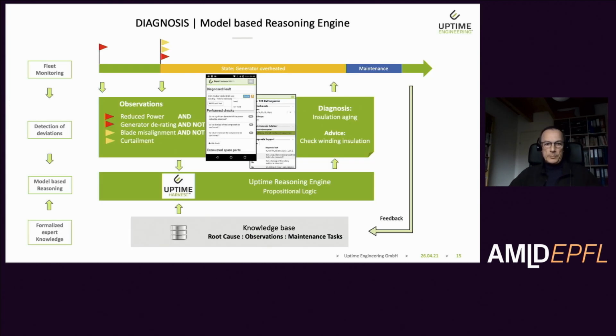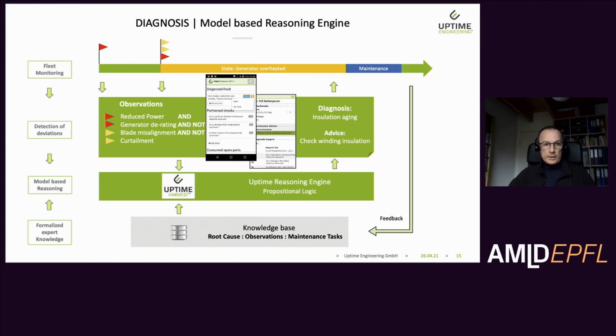And with these observable failure patterns, we enter the model-based reasoning engine, which allows us to identify corresponding failure modes. The example shown here indicates that over time, there are some observations, namely reduced power and generator derating. And what we do not observe is also most interesting, namely blade misalignment or curtailment.